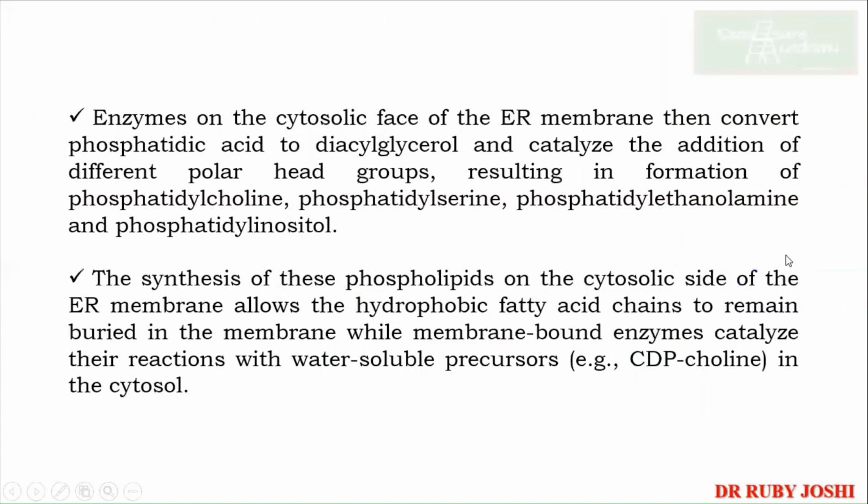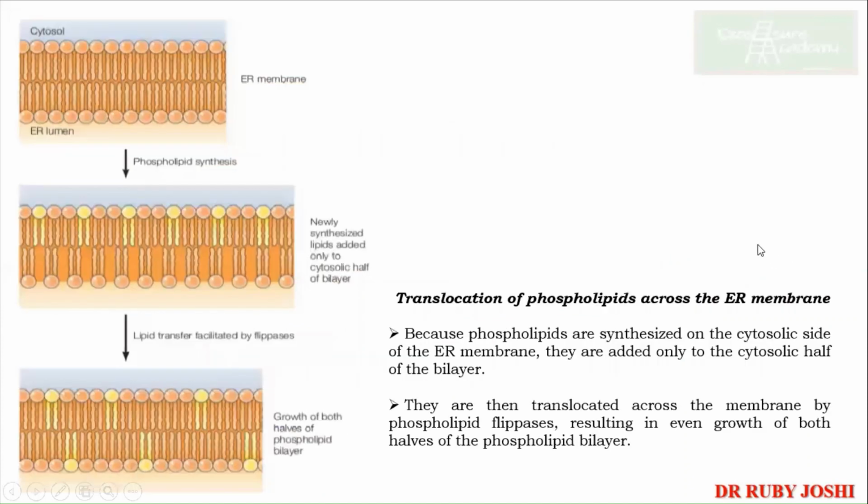Okay, the same thing is written, what we have just discussed. Now see, as soon as your ER membrane has phospholipid synthesis, you can see that these yellow colored things are extra which were added, and they are added only to the cytosolic side. So on the lumen side, there is a gap. Now in order to balance it with the help of flippases, what happens? A few phospholipids will go to the other side.